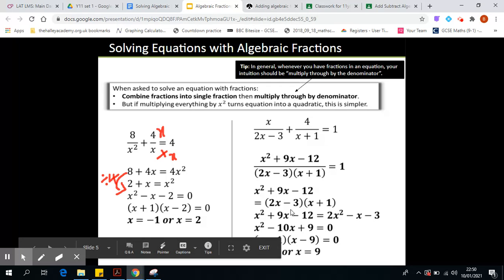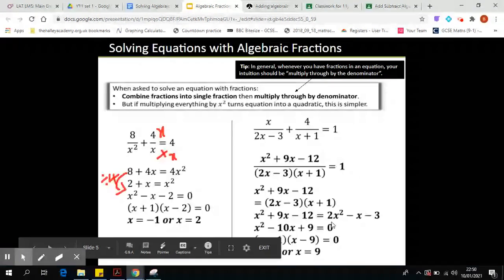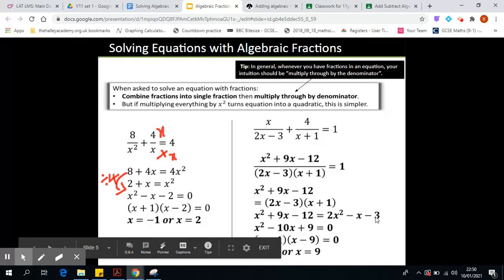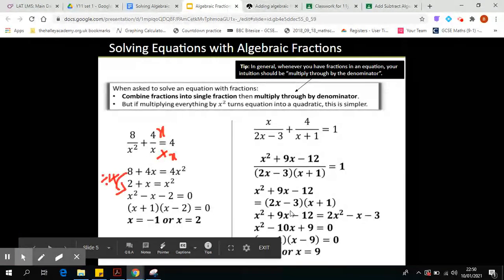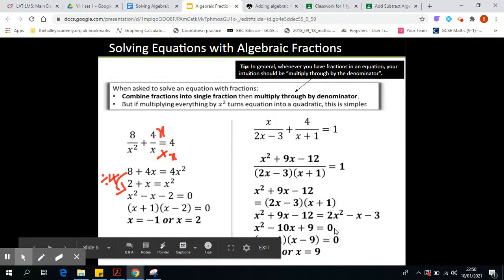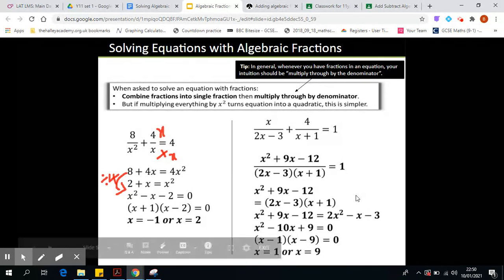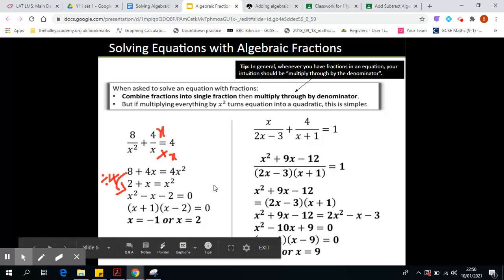Now getting into quadratic format by subtracting x squared on both sides, 9x on both sides, and adding 12 on both sides to get one side of the equation equal to 0, we get x squared minus 10x plus 9 equal to 0. Factorized, this gives us x minus 1, x minus 9 equal to 0, which means x is equal to 9 or x is equal to 1.